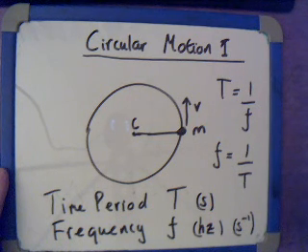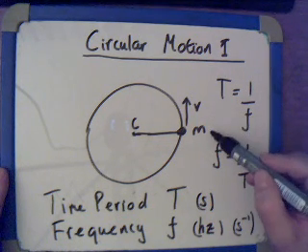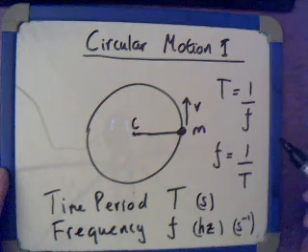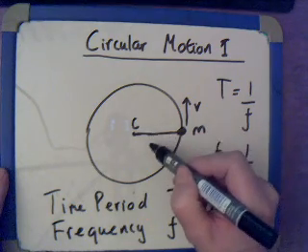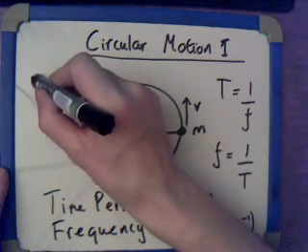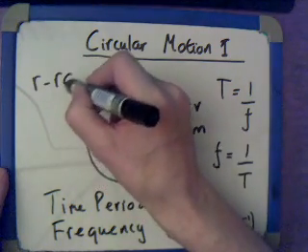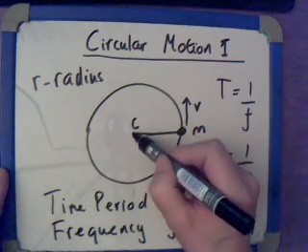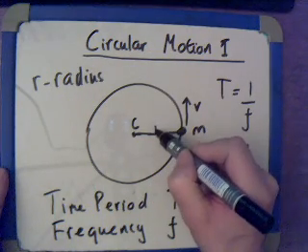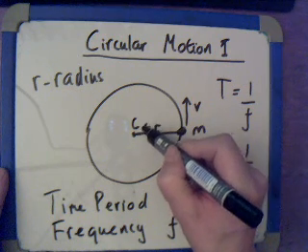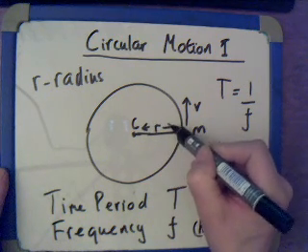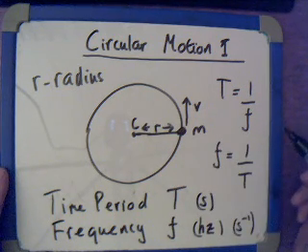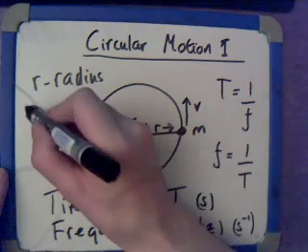Okay, so we've got v is its velocity, m is its mass, and let's say if C is the center, let's say r is the radius, so this is from the center to where the mass is, that is r. If r is the radius, we also have something called the angular velocity, omega.